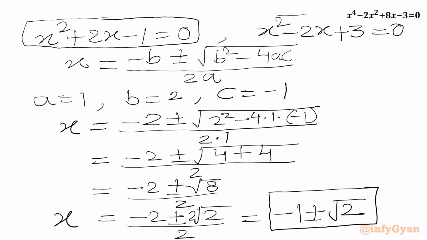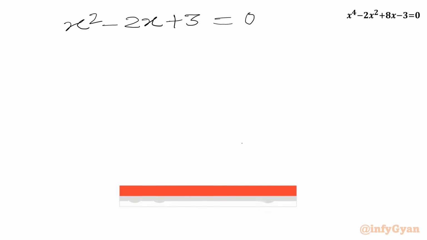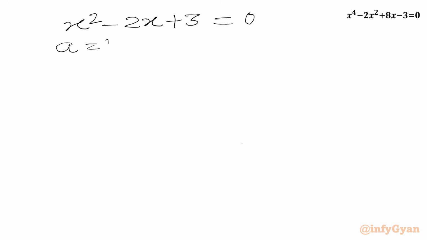Now we have the second quadratic equation, x square minus 2x plus 3 equal to 0. Let's solve. We will write a equal to 1, b equal to minus 2 and c equal to 3. As per formula, it is minus b.